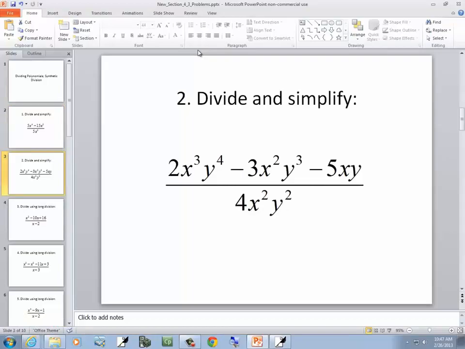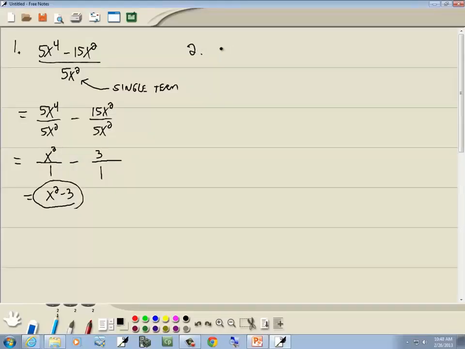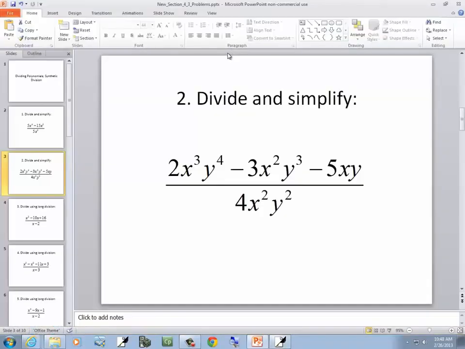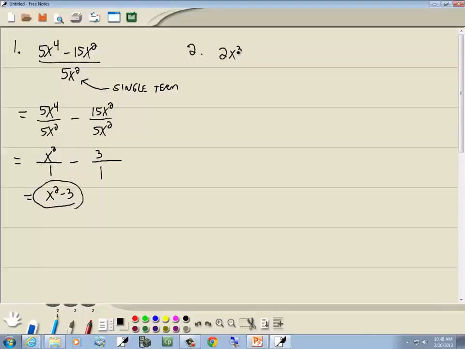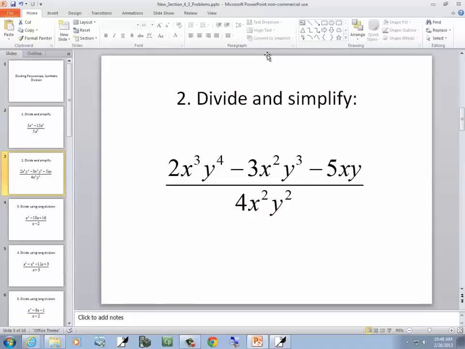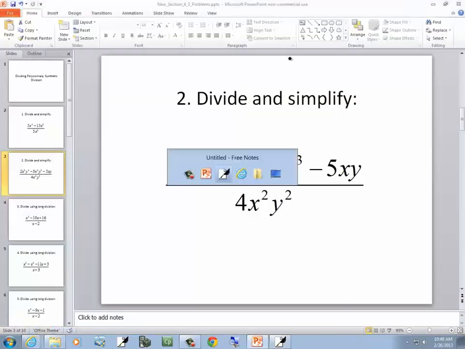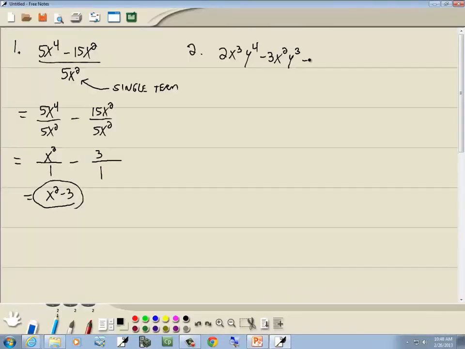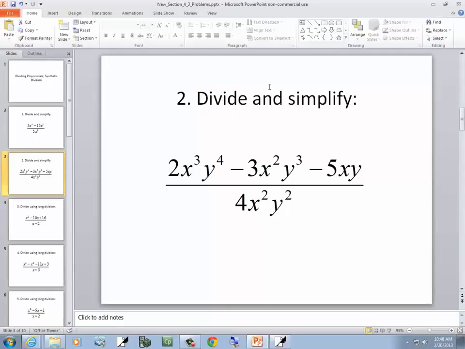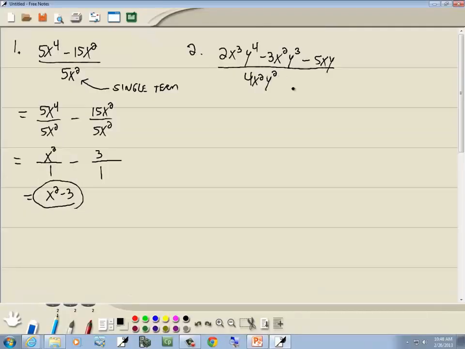Let's take a look at another one with a single term. We've got 2x to the third y to the fourth minus 3x squared y to the third minus 5xy over 4x squared y squared. Double check all that. Okay, looks right.